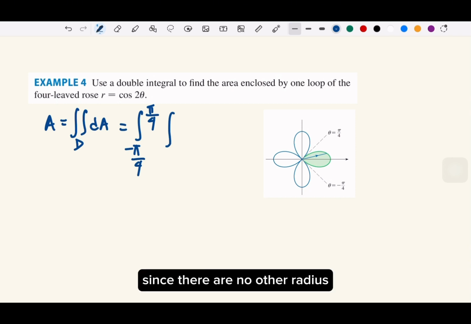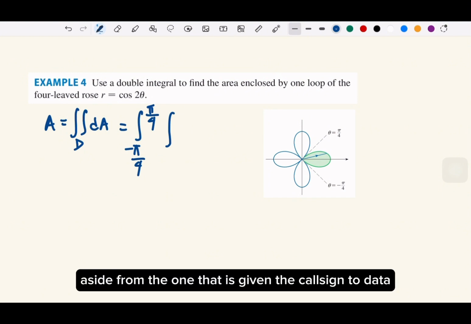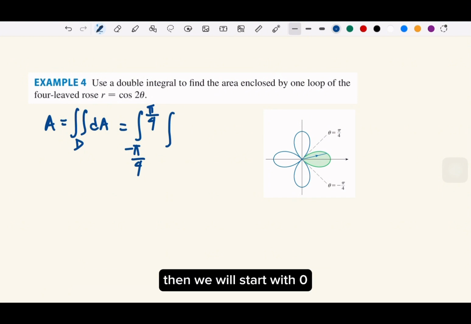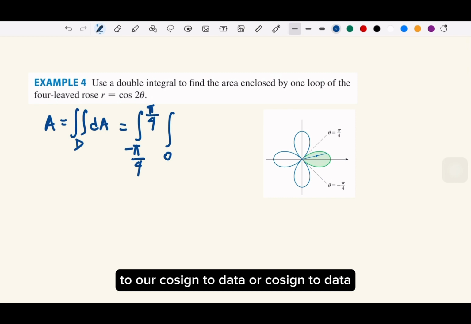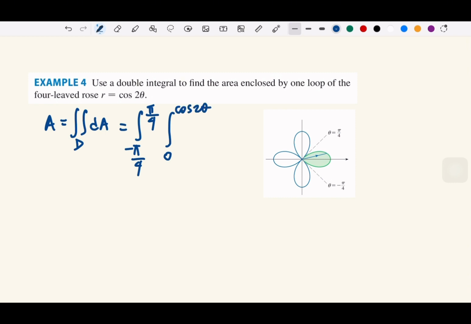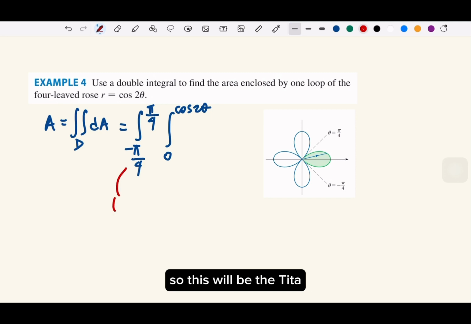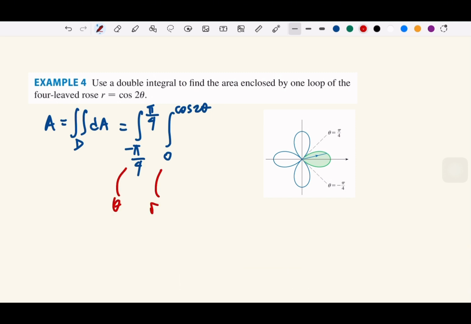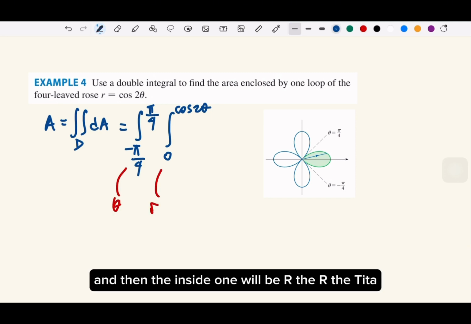Since there is no other radius aside from the one that is given, cosine 2 theta, we start with 0. So the endpoints for r go from 0 to cosine 2 theta. This will be the theta limits, and this will be the r limits. And then the integrand inside will be r dr d theta.